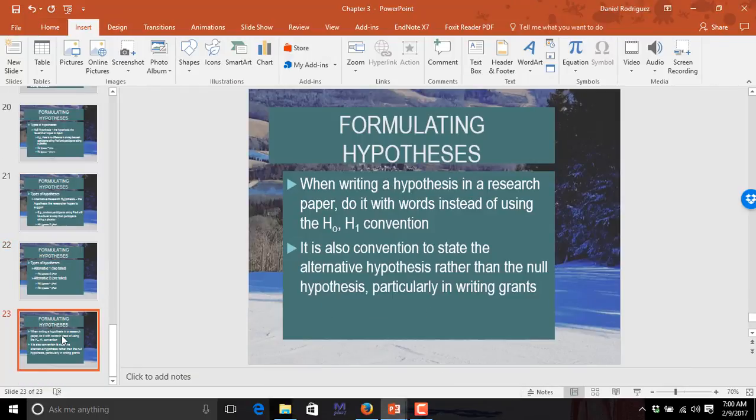All right, just some conventions for null and alternative. Null is generally written H sub 0 and alternative H sub 1 or H sub A, something like that. That's pretty much it.